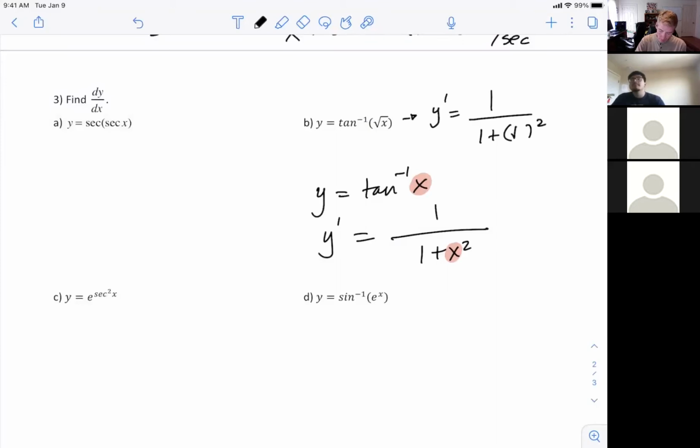So the square root has to be squared. So that takes care of the derivative of tangent inverse, but then the chain rule is going to say, by the way, you still need to take the derivative of square root of x and multiply with that. And the derivative of square root of x is going to be 1 over 2 times the square root of x.